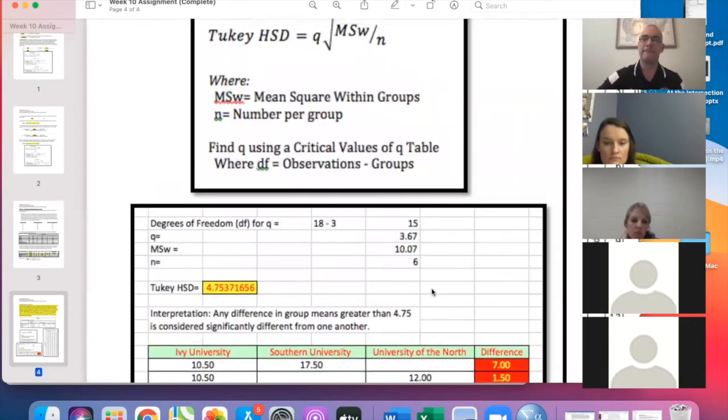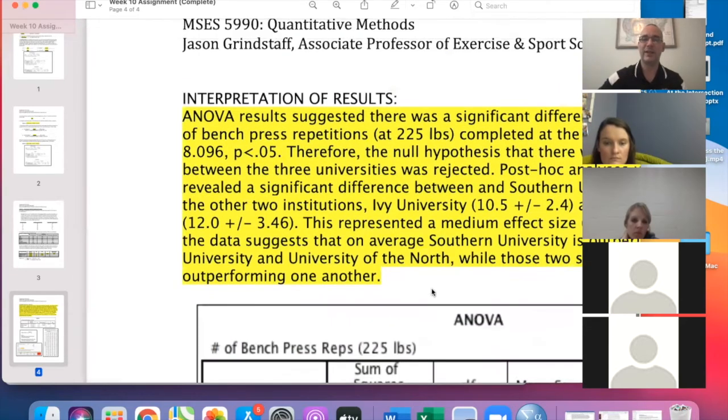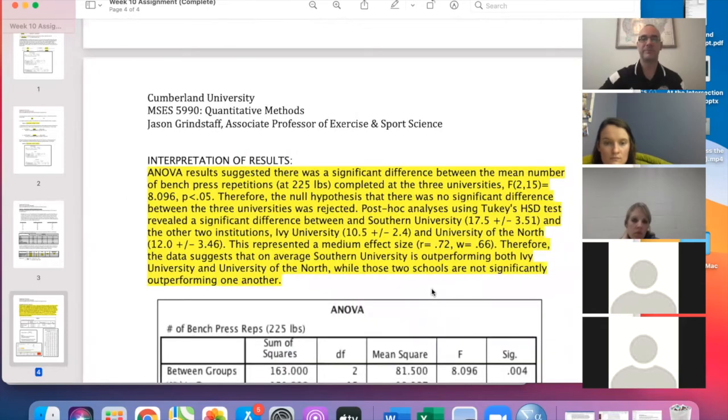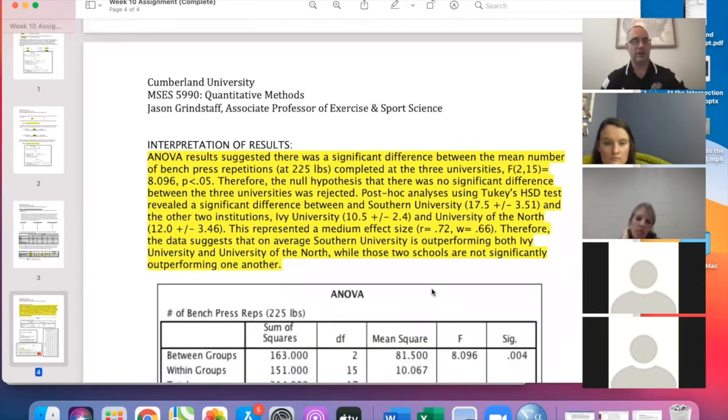So when we write up our analysis, they're going to cram a lot of information into an interpretation. In this case, we say that ANOVA results suggested there was a significant difference between the mean number of bench press repetitions completed at 3 universities.